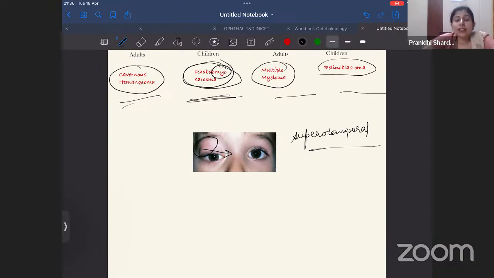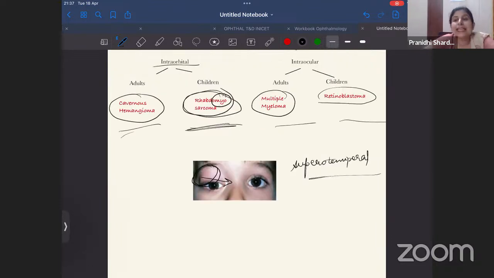Similarly, on similar lines, a question was asked in NEET-PG where there was a confusion about the lipodermoid and the limbal dermoid. I don't know if it was image based. Some were saying it is image based, some were saying it was not. But the most common location, superotemporally, is of the rhabdomyosarcoma.